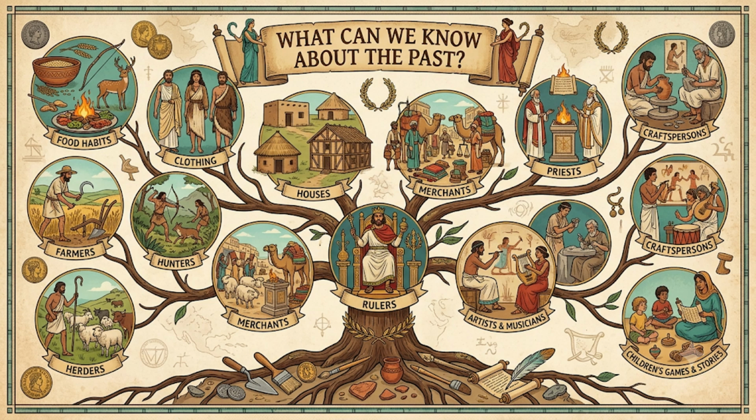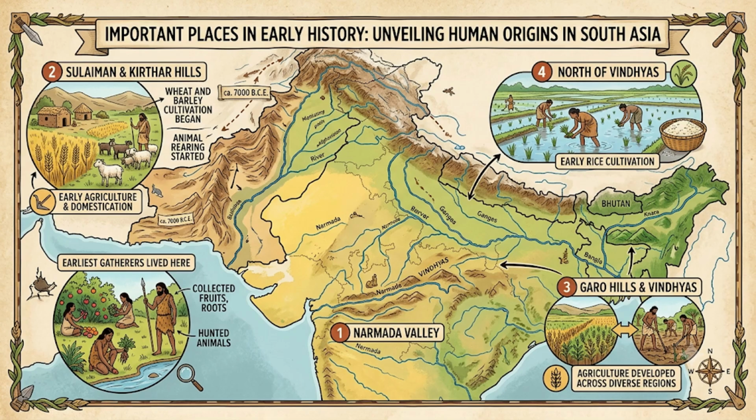We learn about hunters, gatherers, farmers, herders, rulers, merchants, priests, artists, musicians, and scientists. We can even learn about the games children played, the songs they sang, and the stories they listened to. This shows that history is the study of human life in all its forms.